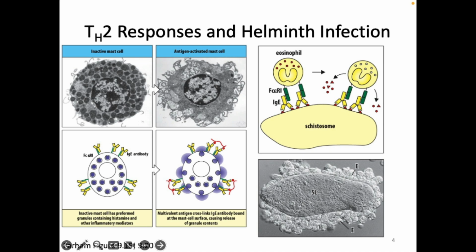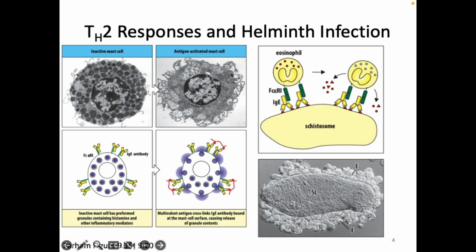You can see a mast cell on the left, and notice all of the granules in that mast cell, both in this microscopy image and in this cartoon. Remember that mast cells have Fc epsilon receptors on their surface, and are able to bind up IgE antibody.